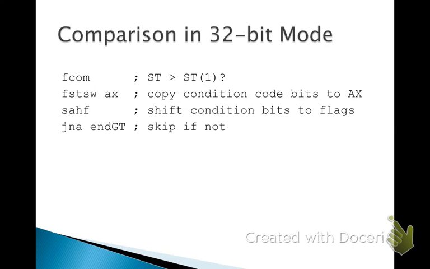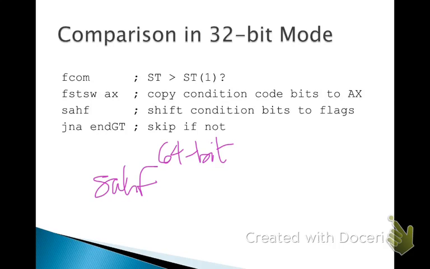But for us, I want to just say that if, for comparison in 64-bit mode, SAHF or Shift AH to the lower 8 bits in E flags is not available.